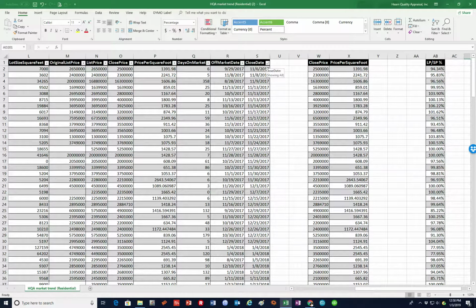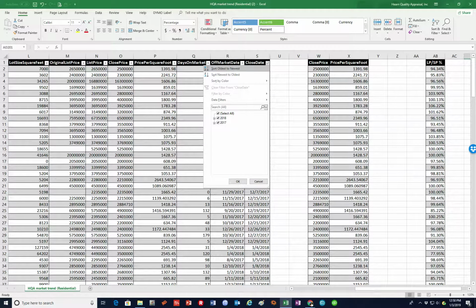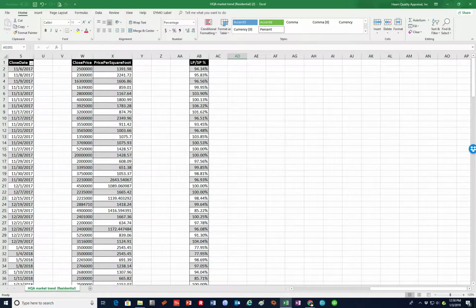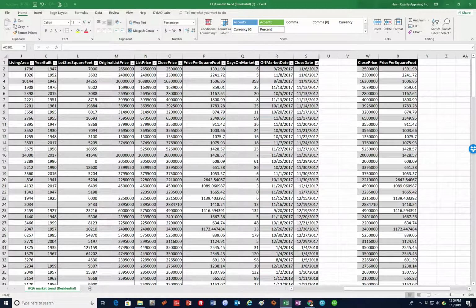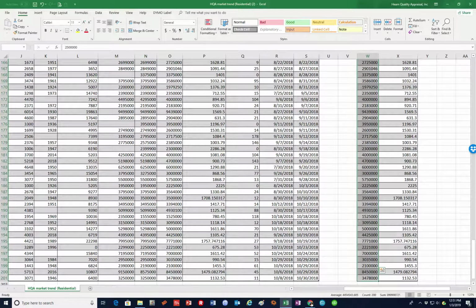Then we sorted it by oldest to newest, so we can get a kind of a timeline on it. And then I copied the close price and the price per square foot over to this column because we don't want to do anything to the actual data, but Excel will give us an auto-calculated trend.